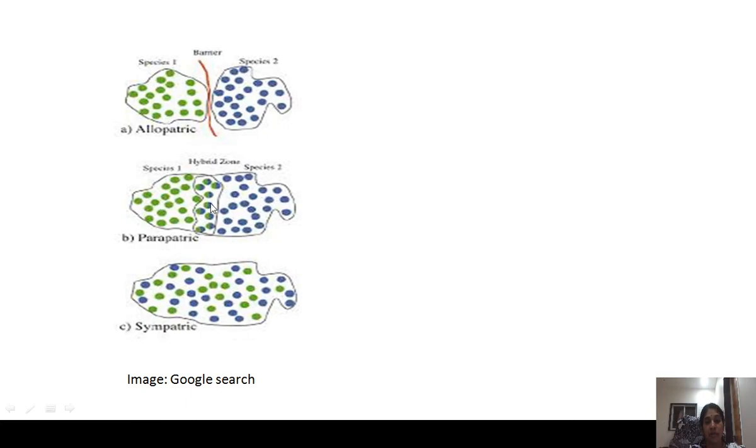For example, we took here the example of mosquitoes. As we know, DDT is sprayed on the mosquitoes, but some mosquitoes are resistant to the DDT, and this is an example of parapatric speciation.